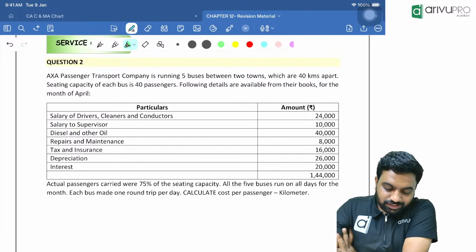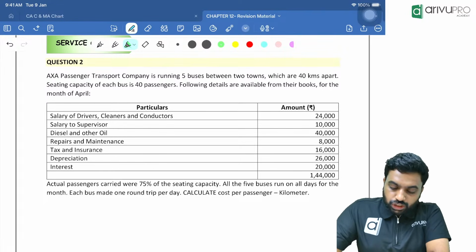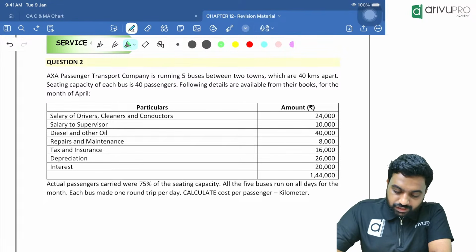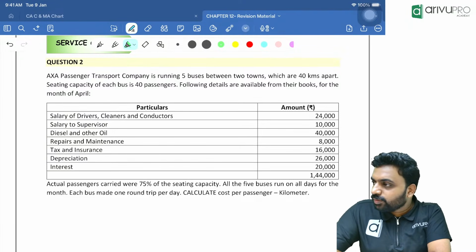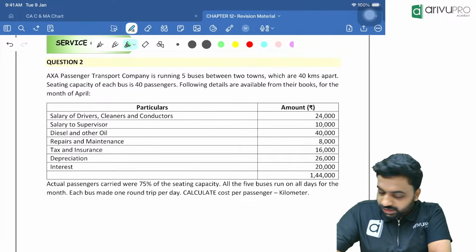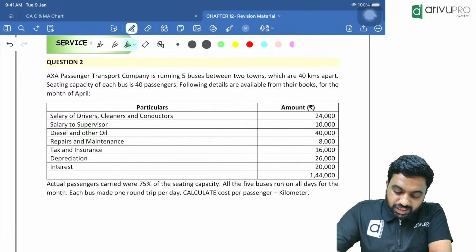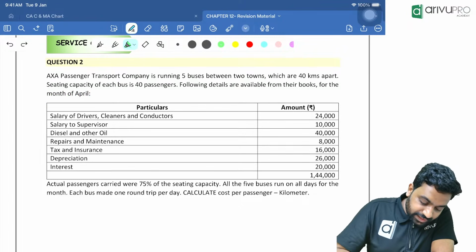AXA passenger transport company is running 5 buses between 2 towns which are 40 kilometers apart. Seating capacity of each bus is 40 passengers. Following details are available from their books for the month of April. So listen here.